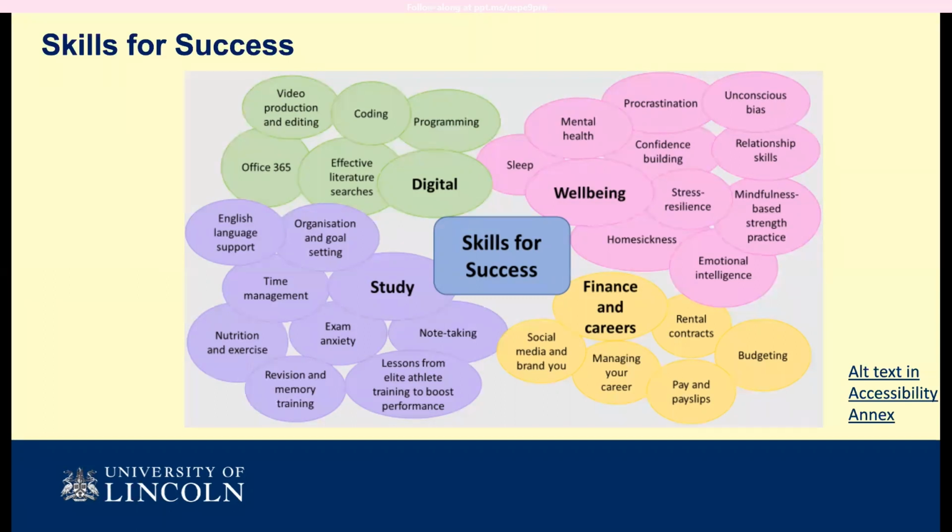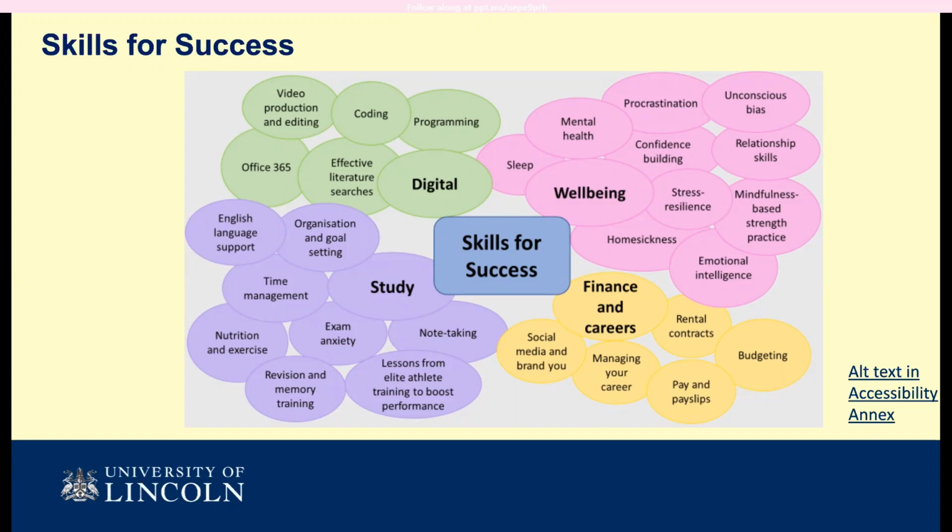And then the other thing our personal tutors were telling us was that they were finding that it was actually the non-academic skills, those holistic skills, that were having an impact on whether students could concentrate on their studies or not. So it was things like how to budget their money, how to cook a nutritious meal, how to get to sleep at night and actually stay asleep and get a good sleep routine.